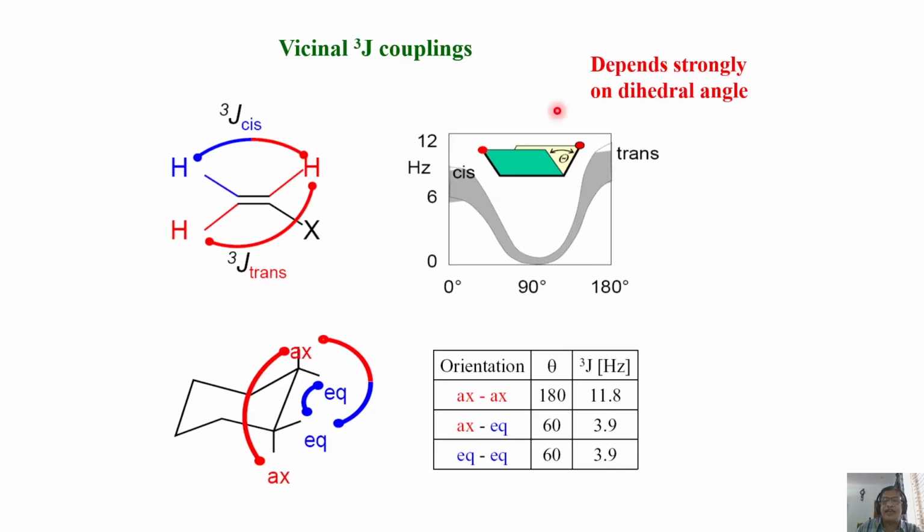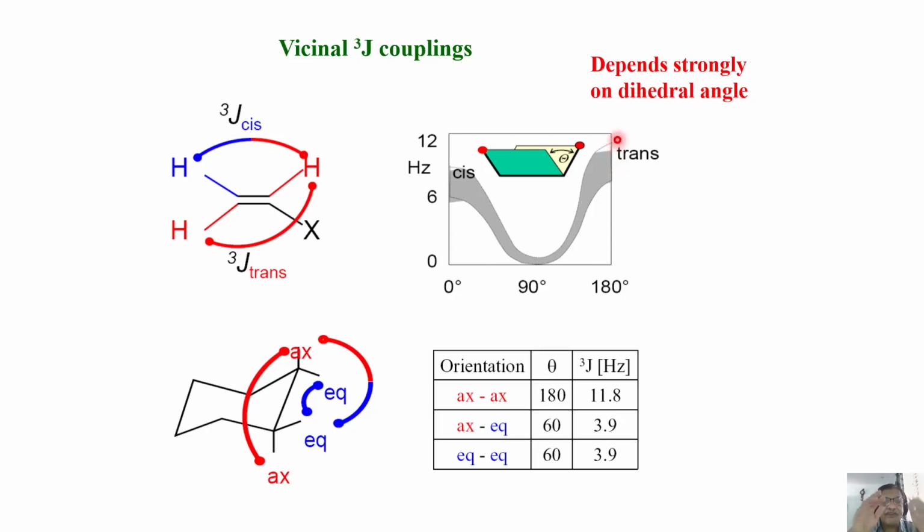So if you look at vicinal coupling, especially 3J coupling, it depends very strongly on the dihedral angle. Look at this one. When the dihedral angle is 90 degrees, this coupling is close to 0. When it is cis orientation, it is anywhere between 6 to 10 hertz. When it is trans orientation with 180 degrees, the coupling can be quite large, starting from 8 to 12 hertz.